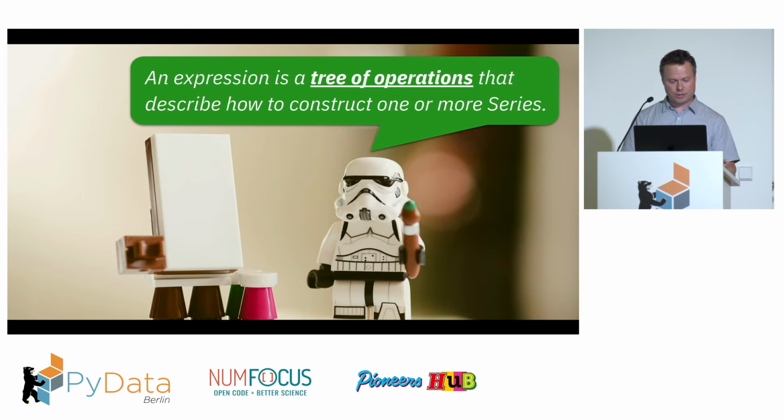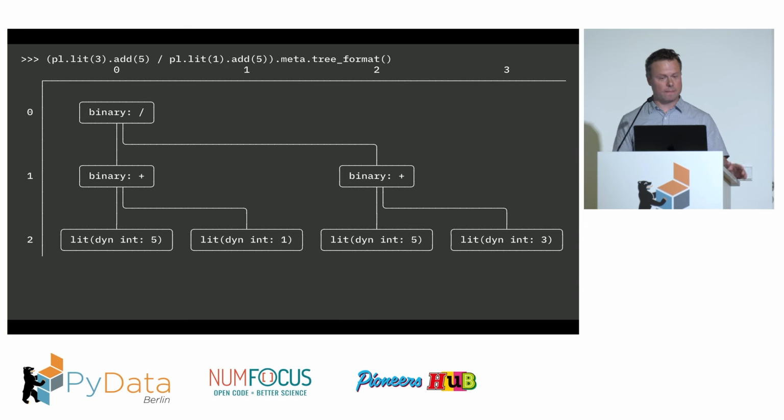It's a tree of operations. You can use the meta.tree_format method on an expression to get a glimpse under the hood and see how it is being represented. Well, maybe not so much internally, but more mentally, to get a glimpse of what it looks like. So it's a tree-like thing. Not every expression has to be a tree, but they have the ability to become a tree.